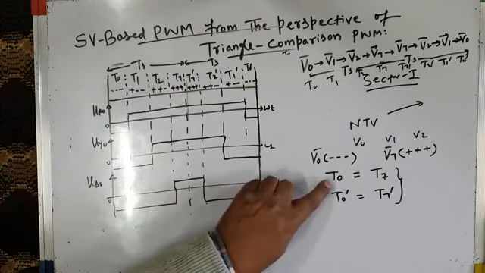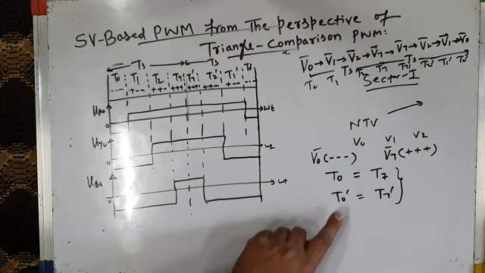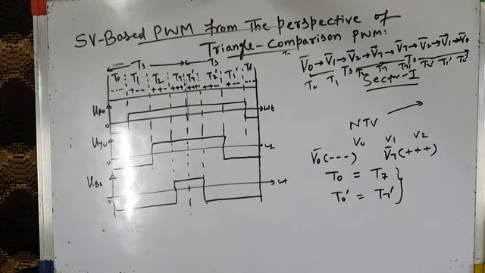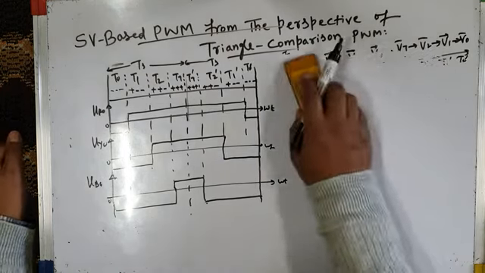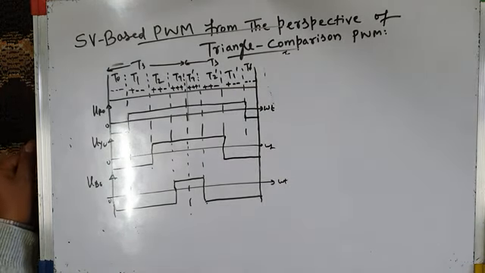That is T0 equal to T7 or T0 dash equal to T7 dash. For that purpose, the question is, what type of modulating signal will that be?